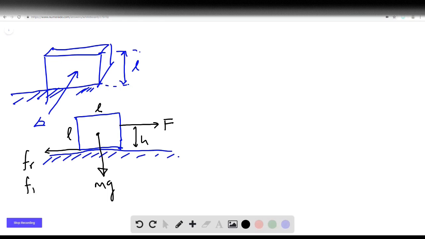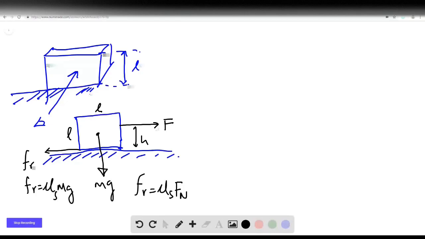Remember, friction is defined as mu s mg, or sometimes you could define friction as mu s Fn, where Fn is the normal reaction.